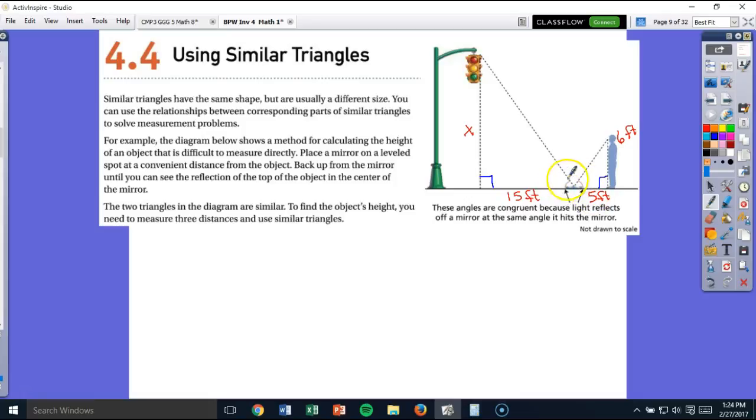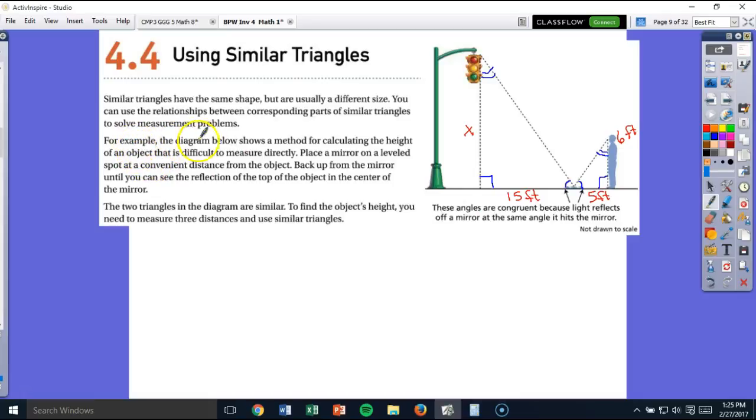And as we look here, we can see that these two angles are the same. Well, in a triangle, the three angles have to equal 180 degrees, so if two of your angles are the same as another triangle's two angles, then obviously your third angle also has to be the same. That's how we know that this is a similar triangle.